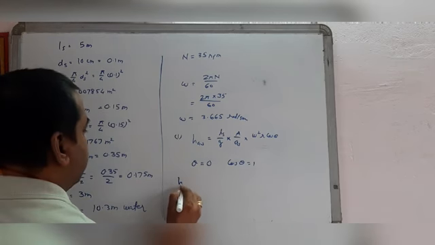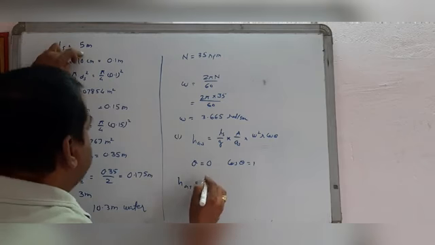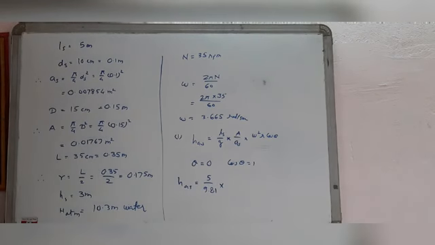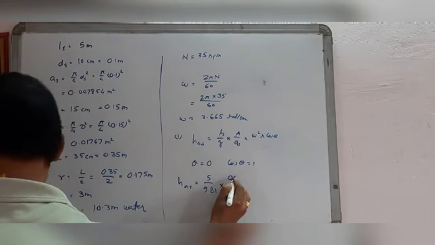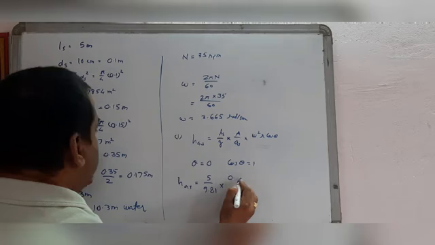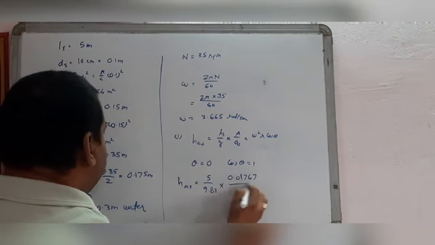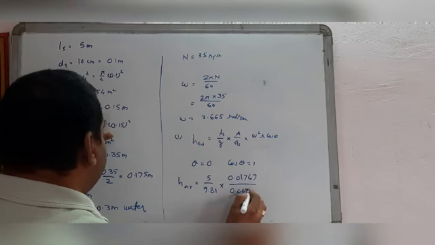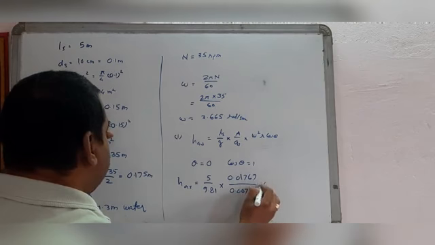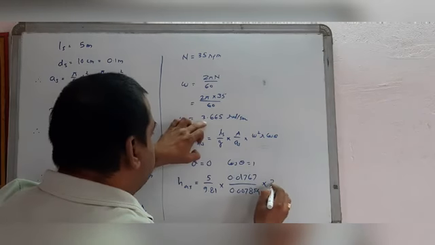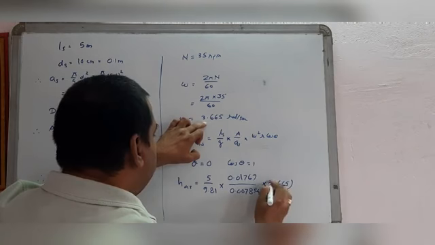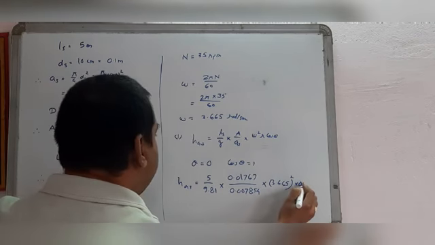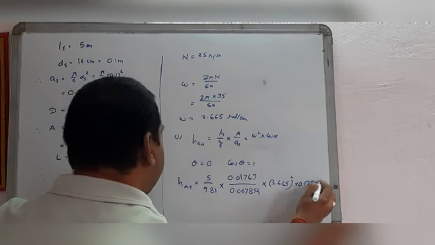and putting all values, HAS equal to LS is 5 meter by 9.81 G, then area is 0.01767 by this area 0.00784 into omega is 3.665 square into R is 0.175 into 1.